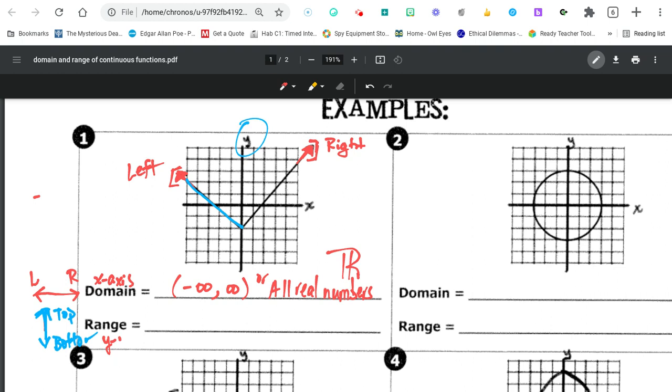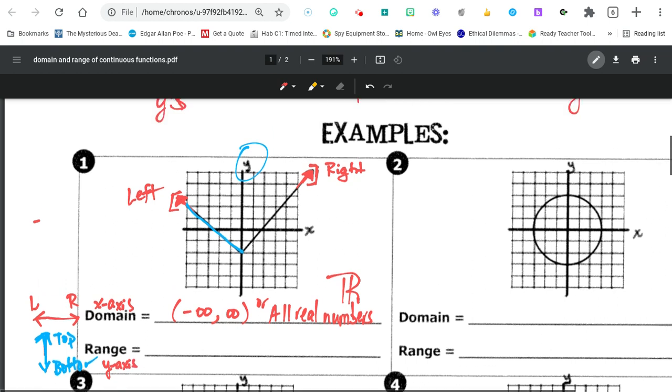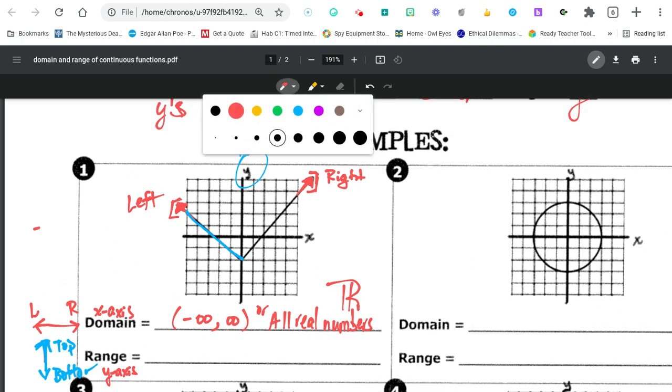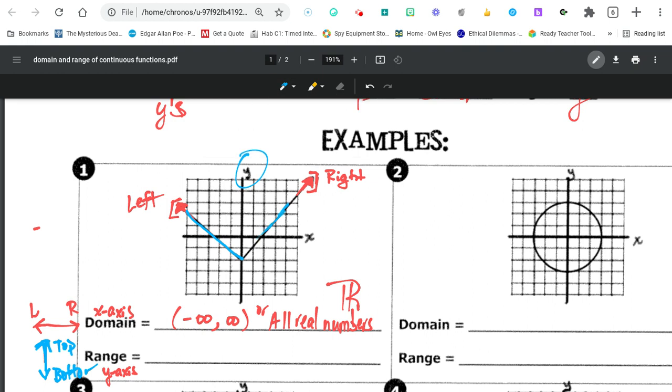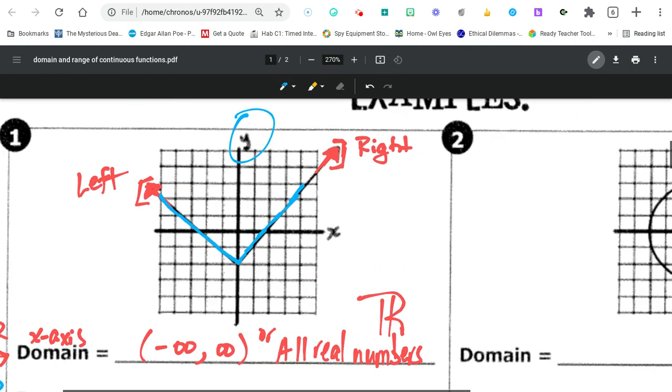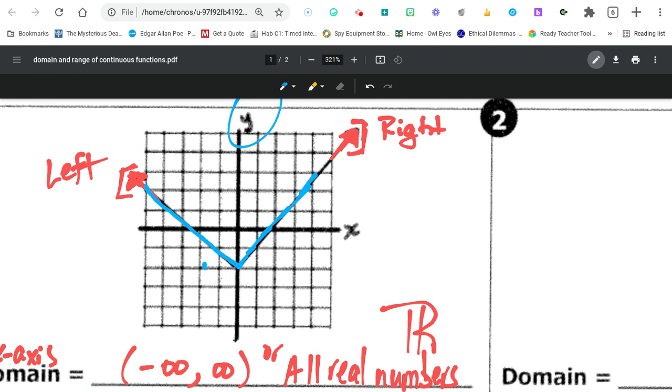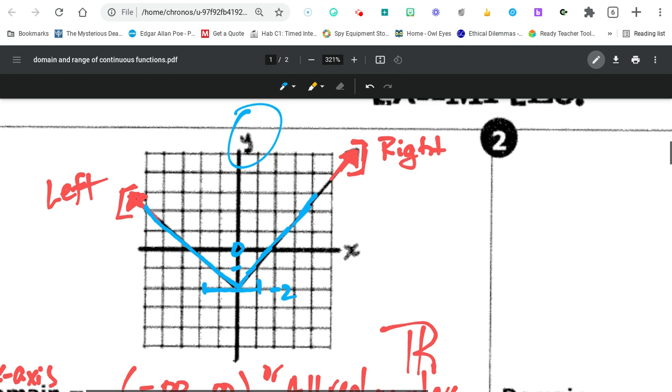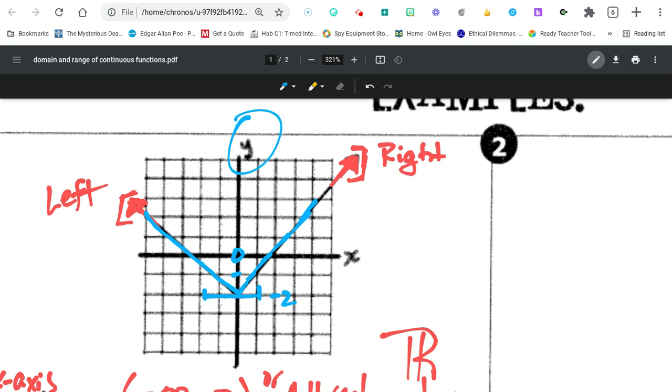Range, I want you to look at that Y-axis for me, okay? Because the Y-axis goes top to bottom. So the bottom of my V stops right here, at a Y of -2, guys. So that's the bottom.